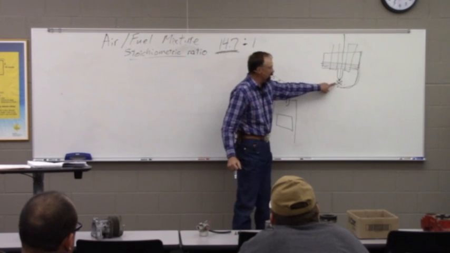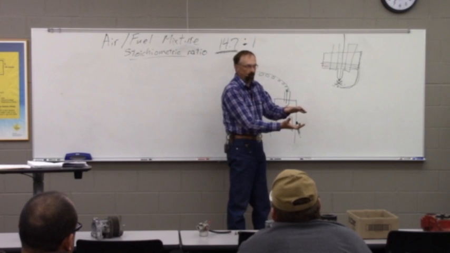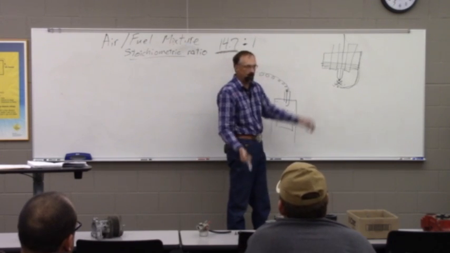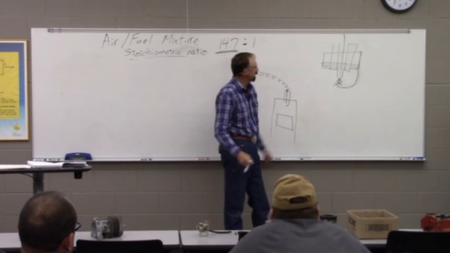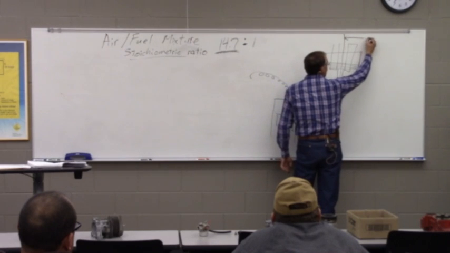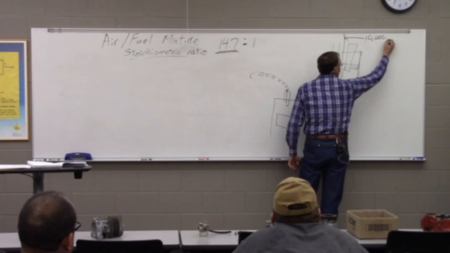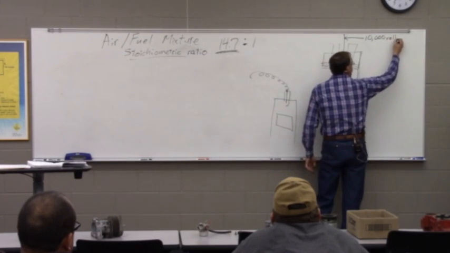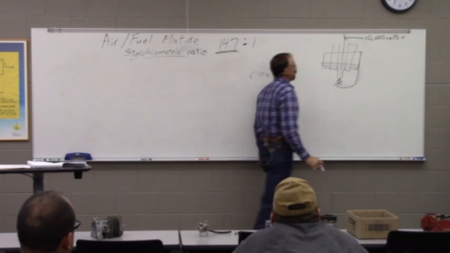So it takes way more voltage to jump that gap in the compressed atmosphere of the cylinder than it does out here at atmospheric. So typically, the current going in here is going to be above 10,000 volts. In some systems, that can run as high as 65,000 volts.